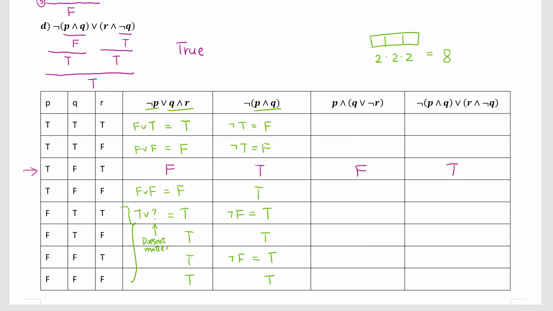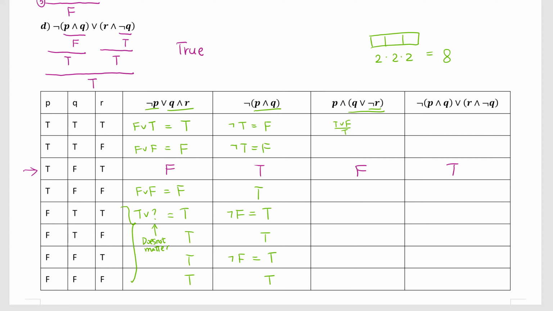Alright, next. The order is we first calculate not R, and then we calculate Q or not R, and then P and that. So not R: R is true, so not R is false. And then we have true or false, which gives us true.